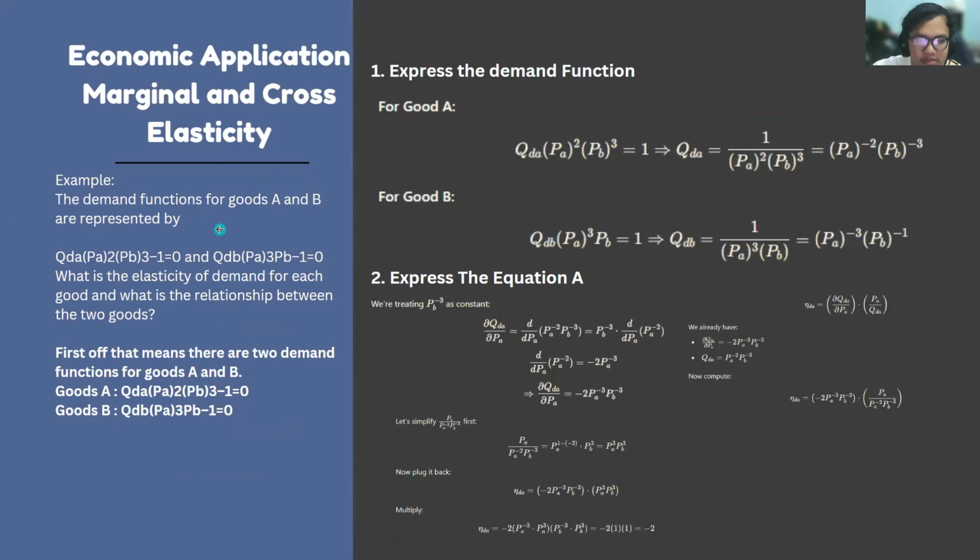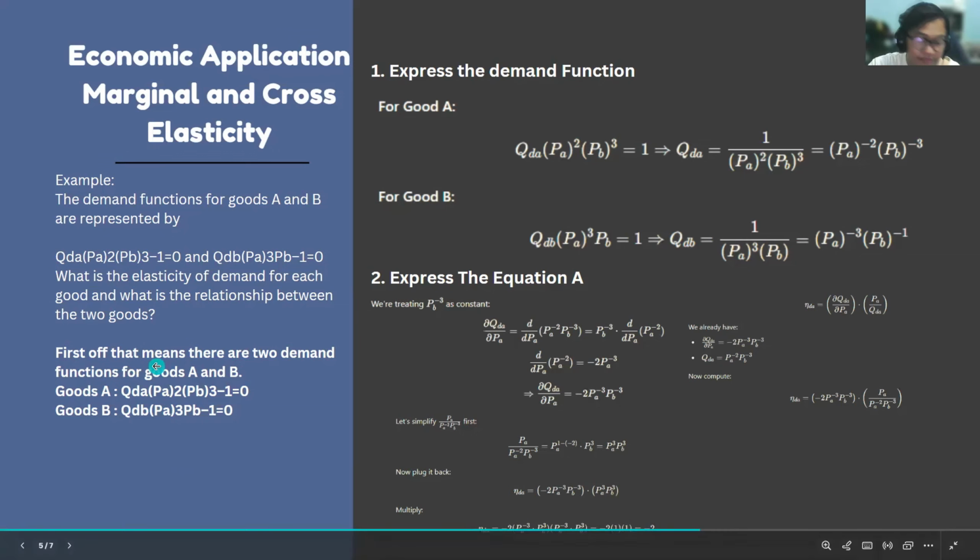Example. The demand functions for goods A and B are represented by QDA PA to the power of 2, PB to the power of 3, minus 1 equals 0, and QDB PA times 3 PB minus 1 equals 0. What is the elasticity of demand for each good, and what is the relationship between the two goods? That means we need to find the elasticity of demand for good A and good B, then the relationship elasticity between the two goods.